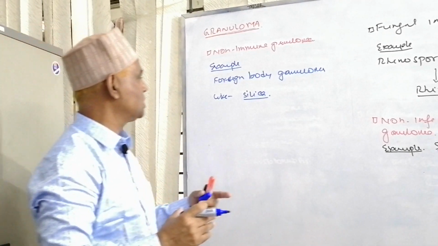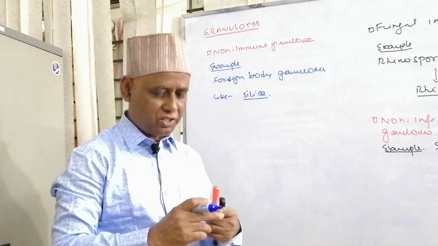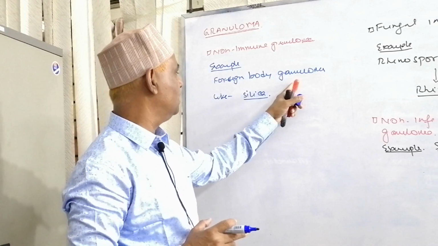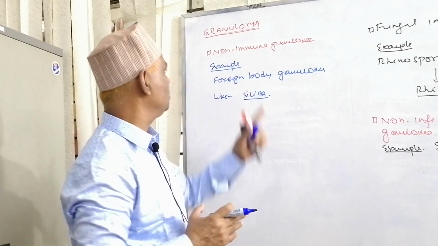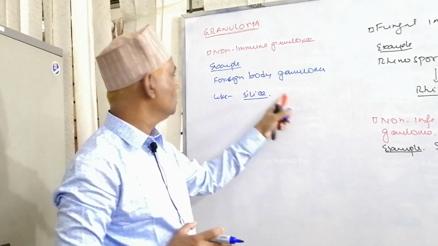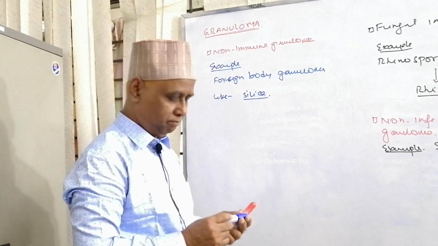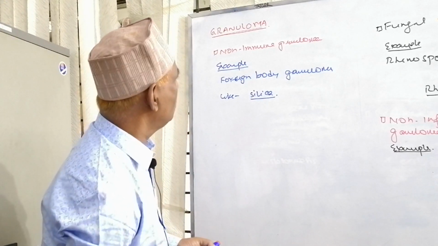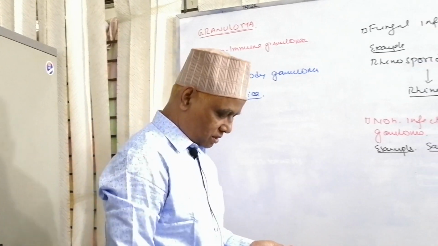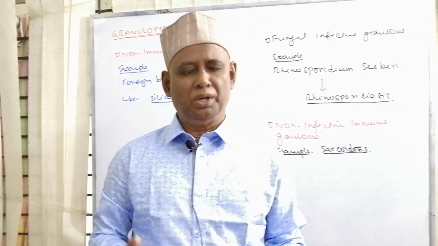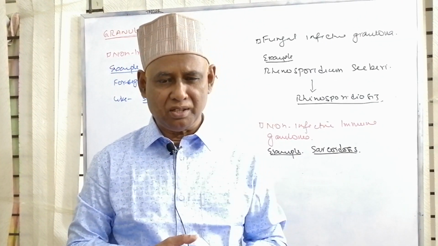If anybody is exposed to silica in the tissue, at the site of exposure there is formation of granuloma, and this granuloma formation is not associated with immune system involvement. So it is non-immune granuloma. Example, silicosis. So these are the types of granuloma, or the classification of granulomatous diseases.